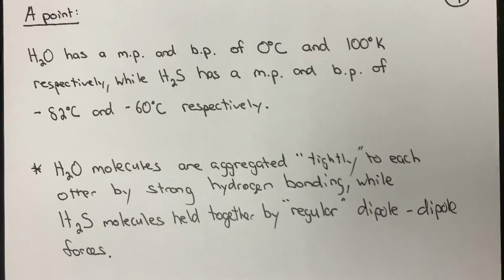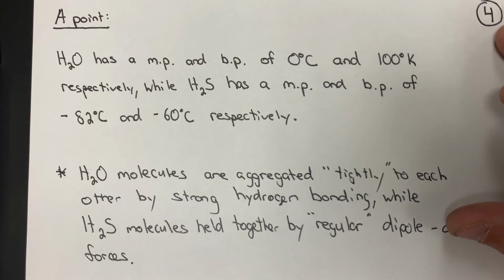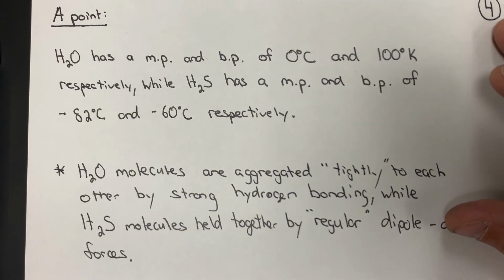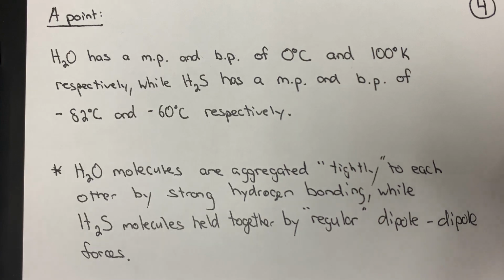Just to really drive at this difference in strength between hydrogen bonding and dipole-dipole, let's take a look at an example where we evaluate the melting points and boiling points of a hydrogen-bonding-capable molecule with just a normal polar molecule. Its only intermolecular force is that of dipole-dipole.